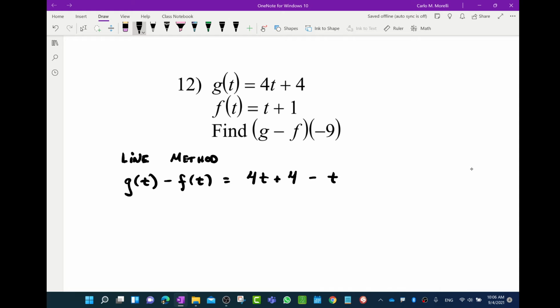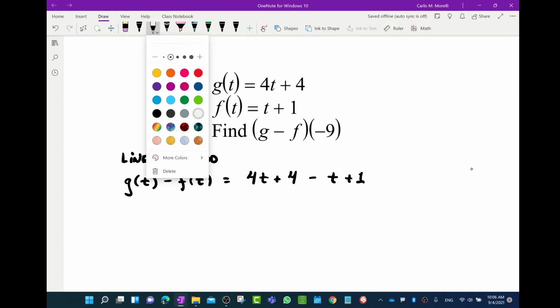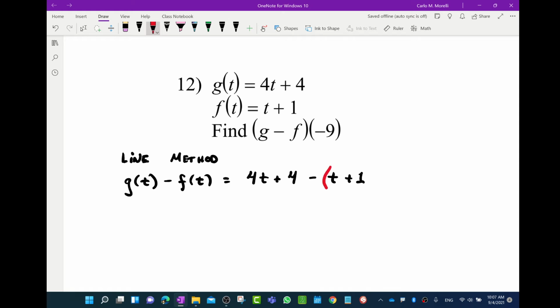Now, if you write it like this, you're going to get it wrong. Okay? Because you must distribute that negative symbol. So even if you're going to use the line method, a much better way to write it would be g minus f of t.